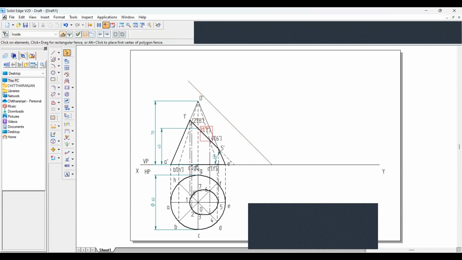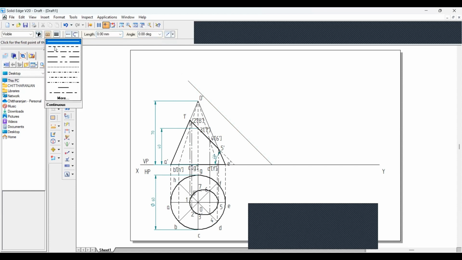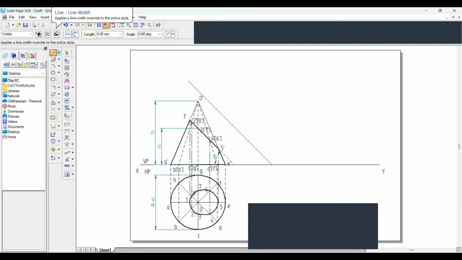Now make the lines according to this one. It is non-continuous line and the thickness of 0.25. The angle should be 45 degree. It is in 45 degree.